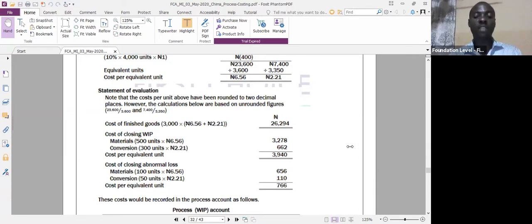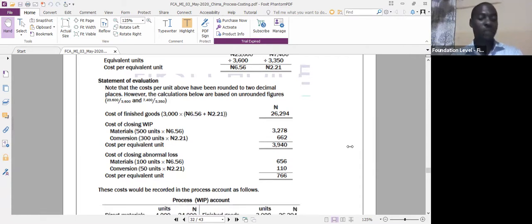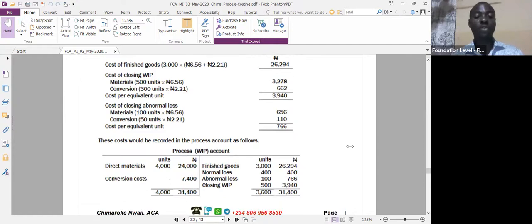Everything here gives us 656 for the cost of material, 110 for the cost of conversion. Add them together, you have 766 as your cost.